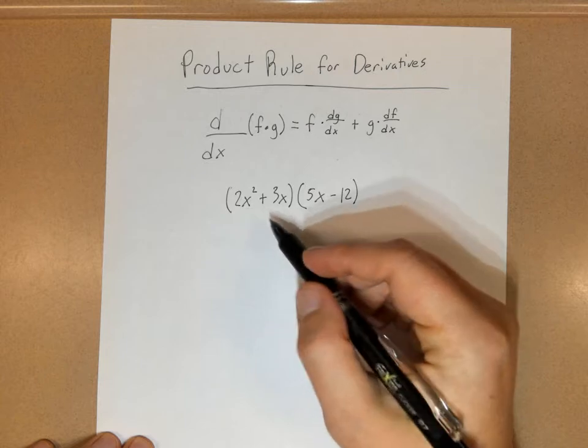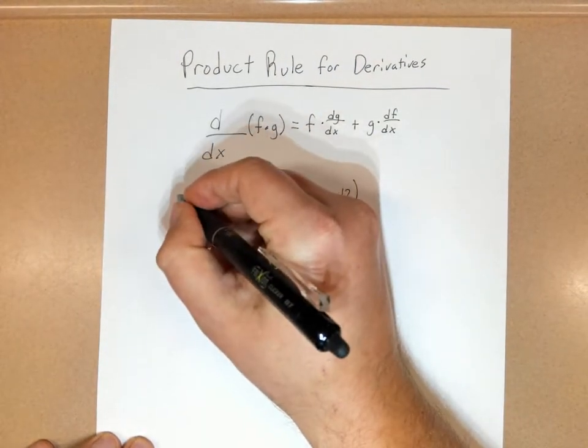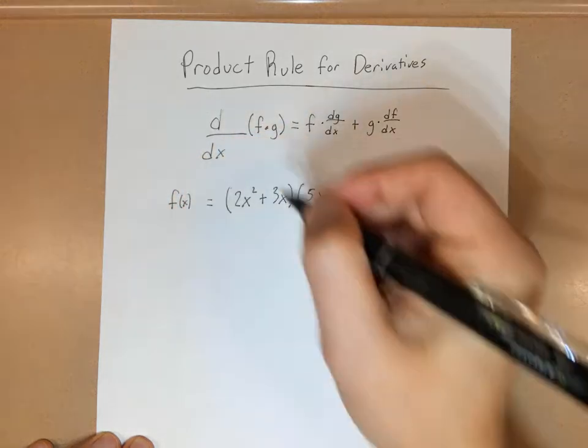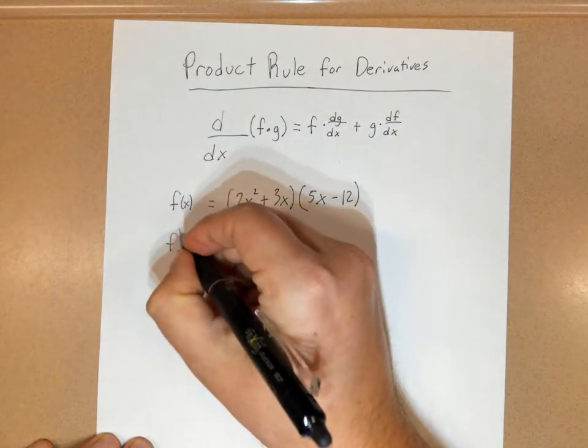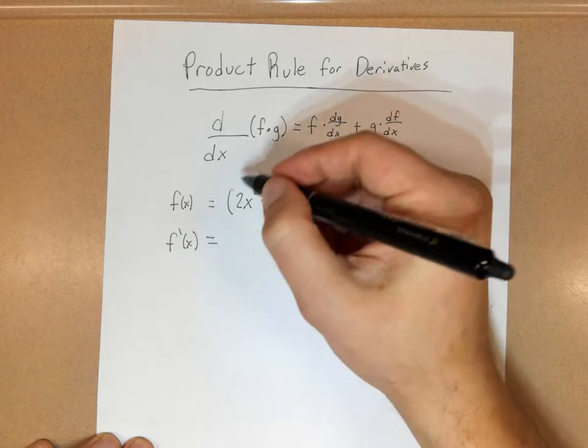So the product rule is, let's say that this is our function f of x. So what I'm going to do to find my f prime of x is you can think of these as two separate equations.